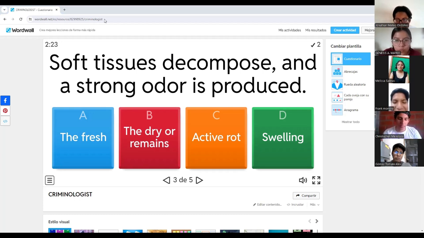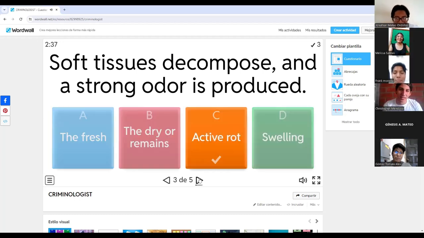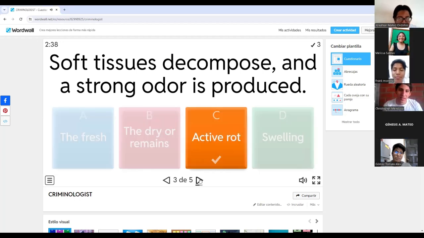Letter C. No, I think that is letter D. Okay, let's see it. It's letter C. Okay, active decay.